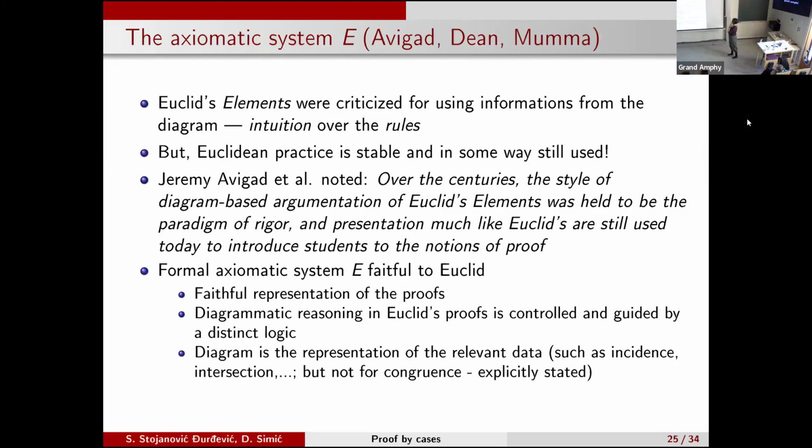I mentioned on one of the slides that in a paper by Avigad and Mamma, they defined an axiomatic system that faithfully describes proofs in the Elements. As I already mentioned, Euclid's Elements were criticized, but as they also say in the paper, and I completely agree, geometry textbook proofs that use diagrams are the only kind of proofs that can be used in education.